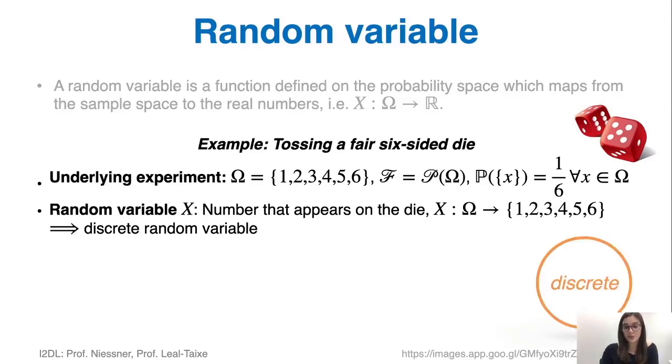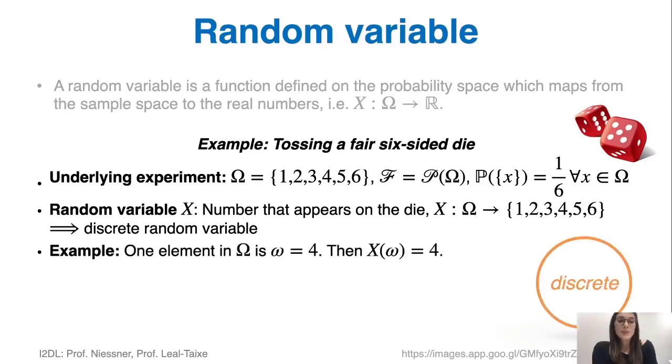So this is important for you to remember. It's a really simple random variable, because it's essentially just giving the outcome of our die. The example now is for one element in omega.